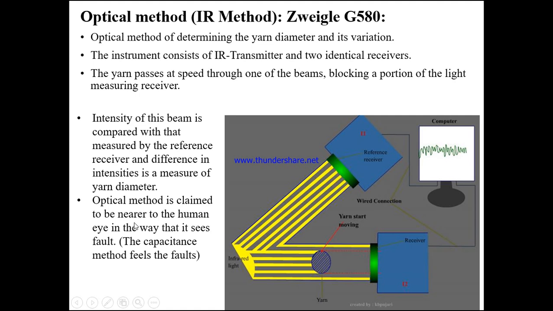So the optical method is claimed to be nearer to the human eye in the way it sees the yarn. As in optical methods, our human eye also works under an optical principle. So as we see the variability on the yarn, how it is thicker, thinner, or uneven in nature, in a similar way this optical method will also detect and measure the unevenness.